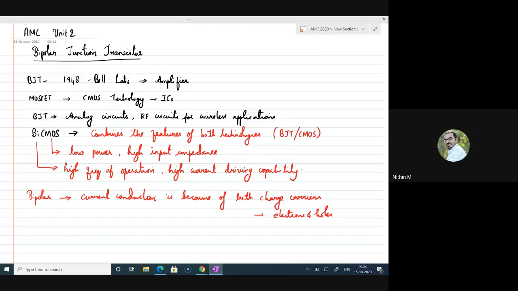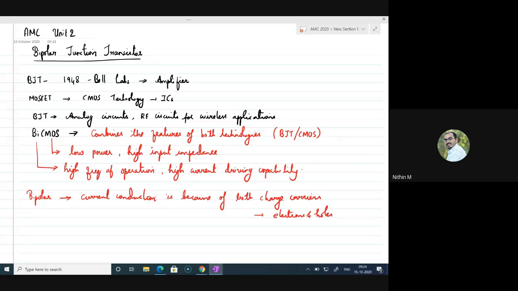Yes, Nilanjan, it is bipolar because it contains both N type and P type semiconductor. Okay, to make it very clear, it is not only because there are two types of materials, as then there can be a possibility of two types of charge carriers, electrons and holes.